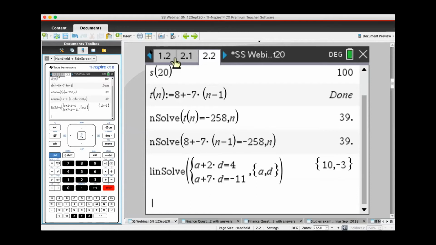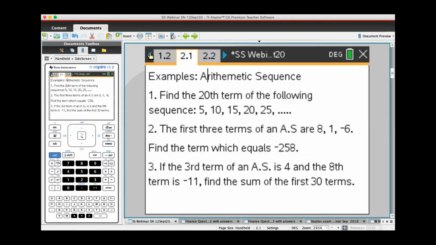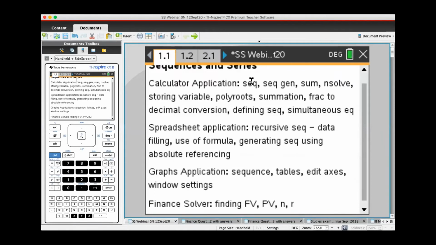So if you go back, I just want to revise the kind of applications that we used here. We used the sequence generator, the sum and solve. We understood how to store variables. We still have to do polyroots. We did the summation, that is the sigma notation. I'll show you how to do the fraction to decimal conversion.